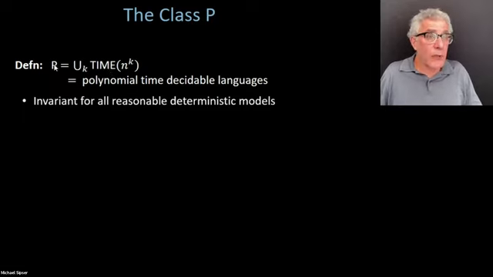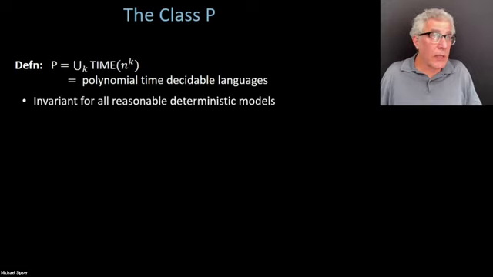So we have defined P by using one-tape Turing machines. Now, if we had defined P in terms of multi-tape Turing machines, we get exactly the same class, because one-tape and multi-tape Turing machines are polynomially related to one another. And since we're taking the union over all polynomials, that polynomial difference is going to wash out.